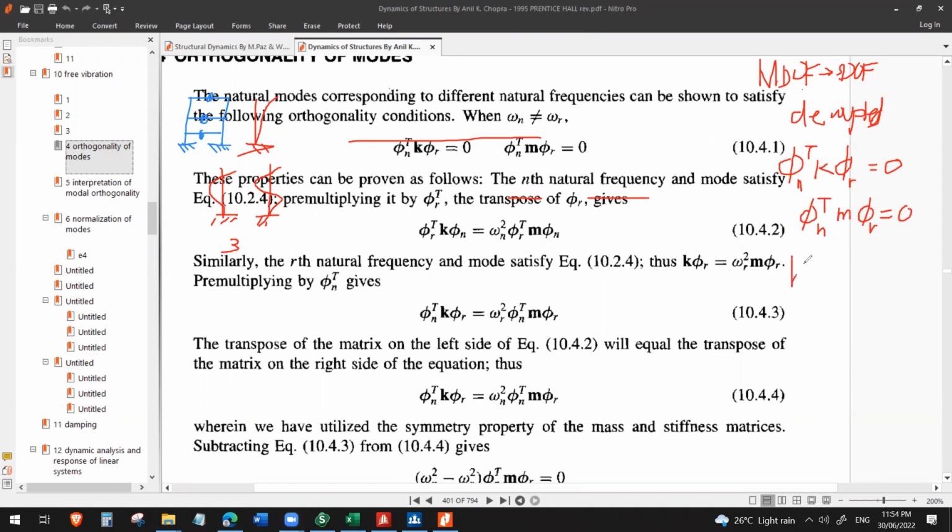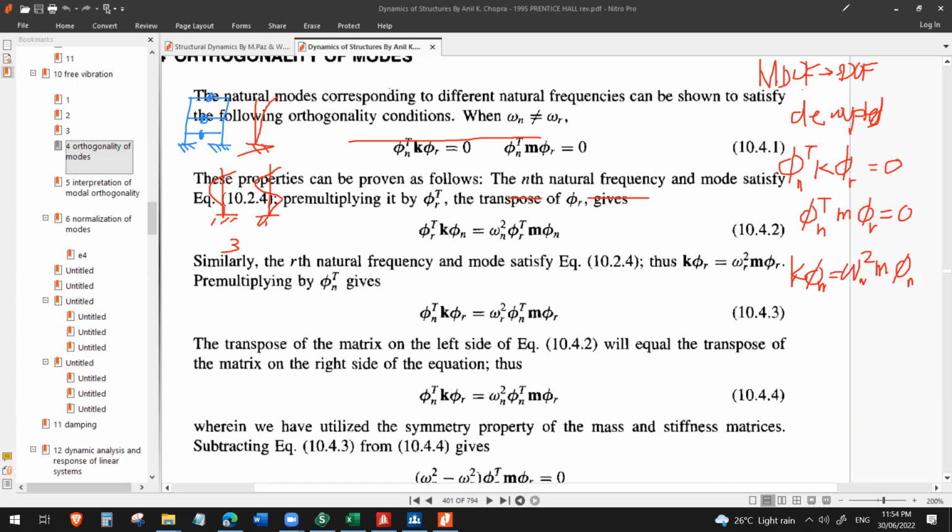Let me write here: K phi n is equal to omega square M phi n.